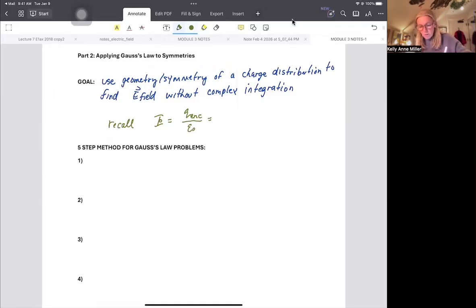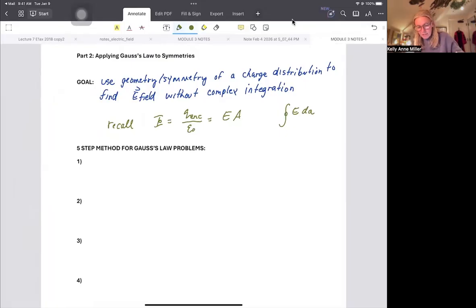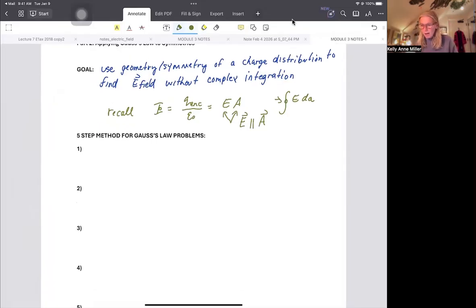And it's also equal to the electric field times the surface area, but that simplifies down to this, assuming the E field is parallel to the area vector. So those two things have to be parallel, and then you can just multiply them together. Otherwise you have to do the surface integral. But that's where the symmetry comes in.